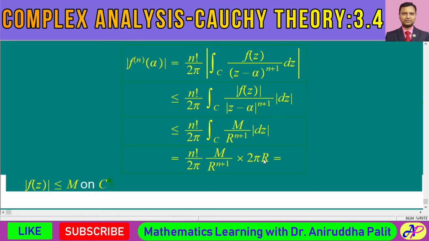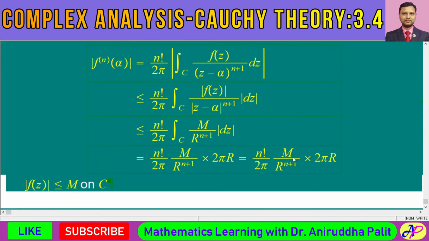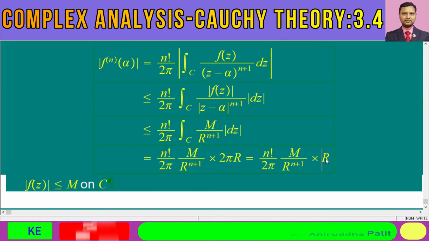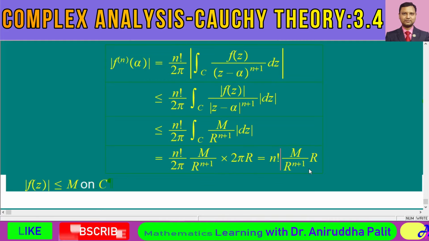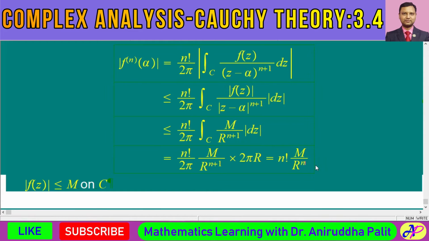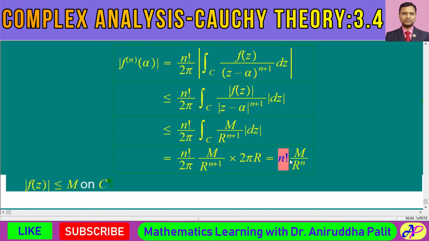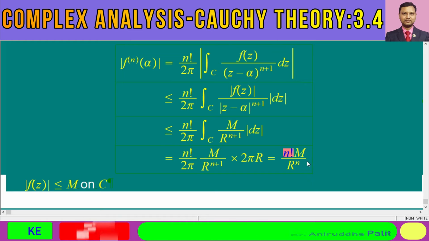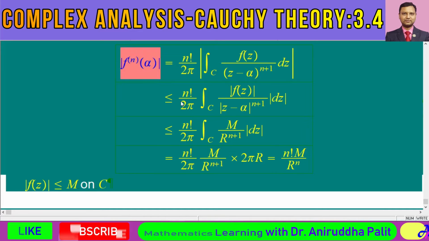We get the final result. You see, this twice pi and this twice pi will get cancelled. So we have simply factorial of n, and this r and r will get cancelled. So on the right hand side we have factorial of n times M divided by r to the power of n. That was the final result or inequality we wanted to prove.